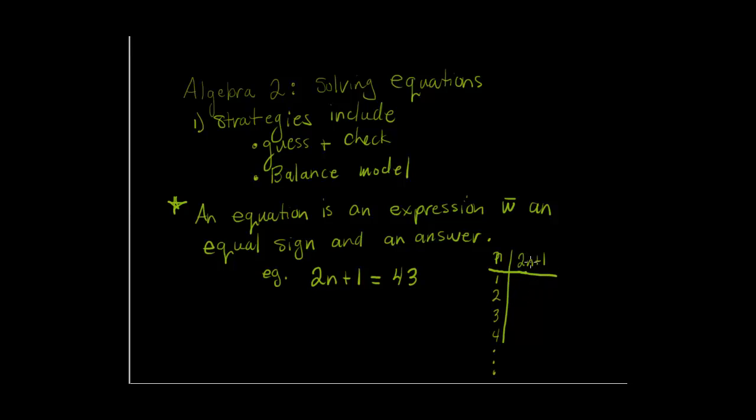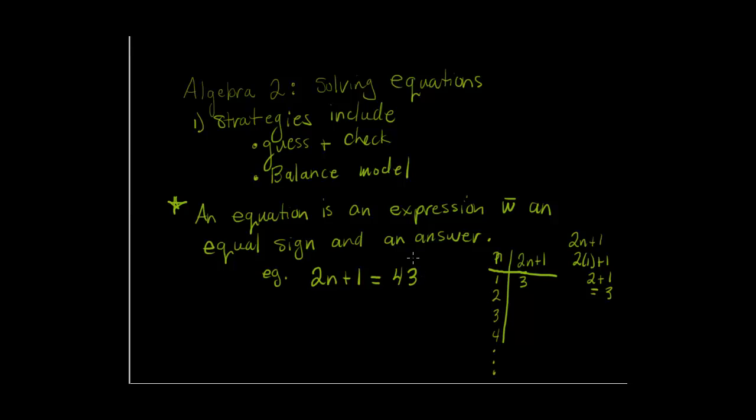So if I plug in a 1 where the n is, I'll get 2 times 1 plus 1. Sorry, 2 plus 1 is equal to 3. So our first term has a value of 3.